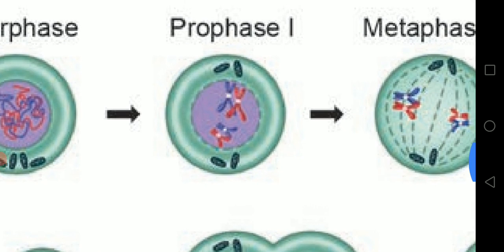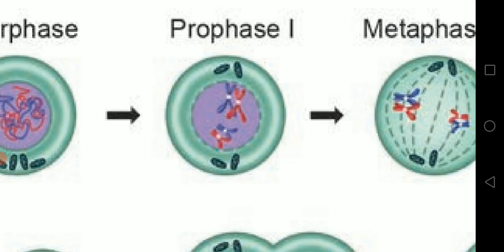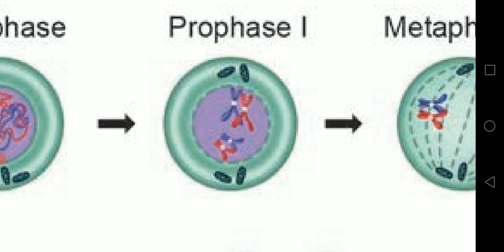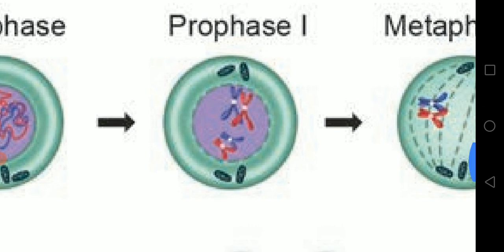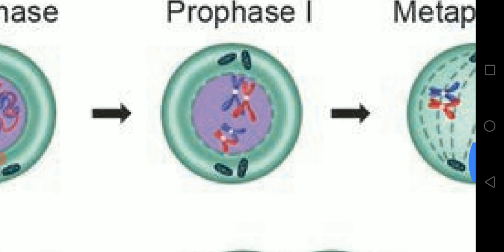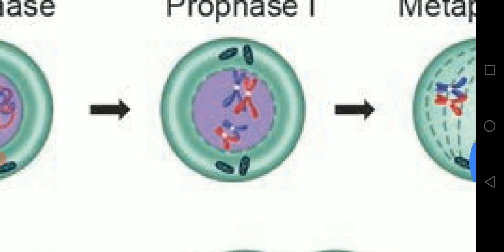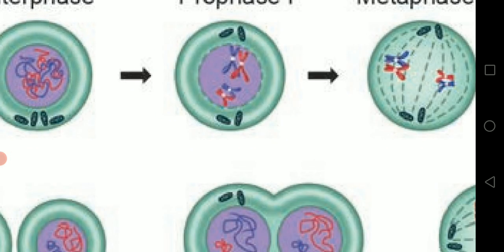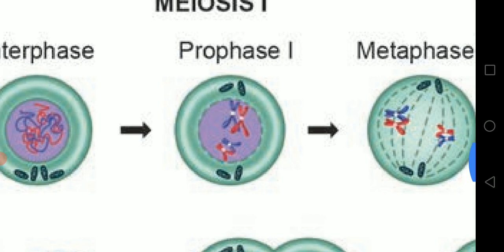Prophase 1 takes a longer duration and is subdivided into 5 stages. They are leptotene, zygotene, pachytene, diplotene, diakinesis. Just repeat after me: leptotene, zygotene, pachytene, diplotene, diakinesis.